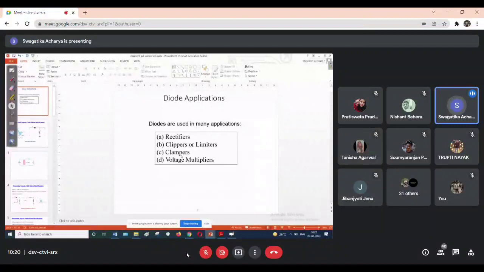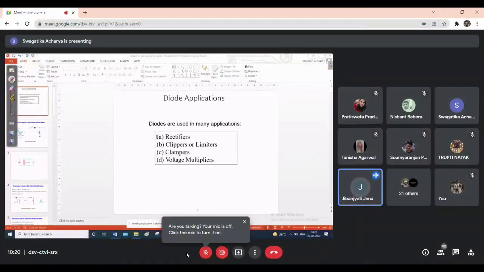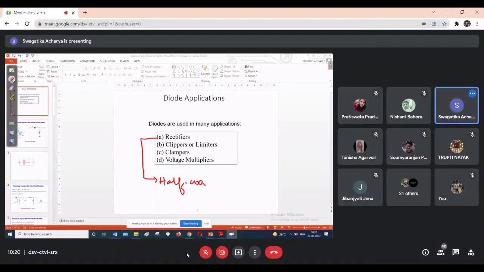Now there are two types of rectifiers. Ma'am, I think full wave rectifier and half wave rectifier. Very good. One is half wave rectifier and one is full wave rectifier.